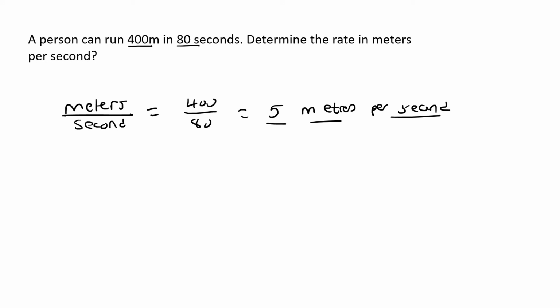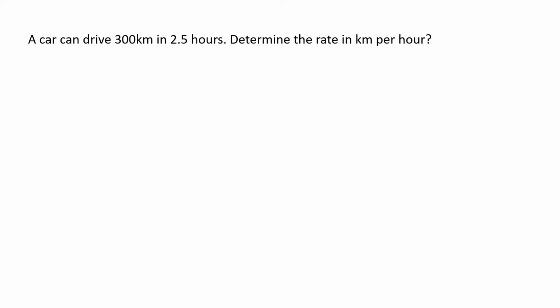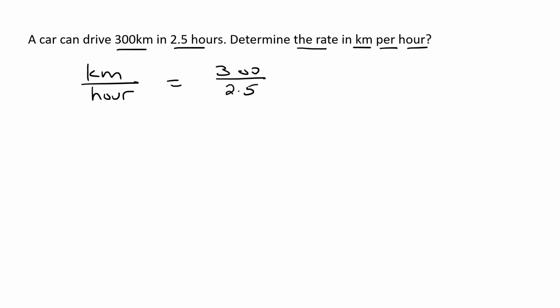in 1 second. Okay? A car can drive 300 kilometers in 2.5 hours. Determine the rate in kilometers per hour. So kilometers per hour. So kilometers is 300. The hours is 2.5. And if you calculate that, you get 120 kilometers per hour.